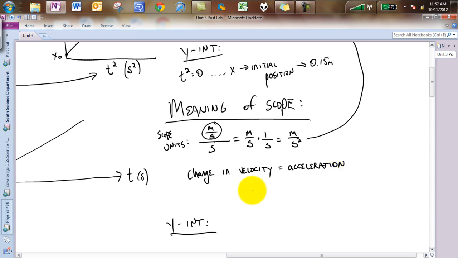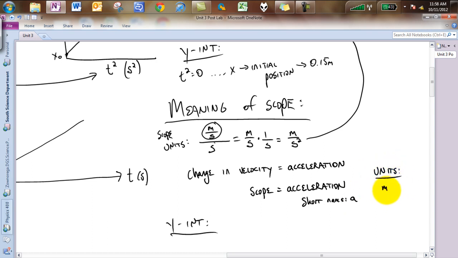So what we can come up with is the slope of this graph is equal to acceleration, and it can be written short name as an A. And our units can be written two different ways.